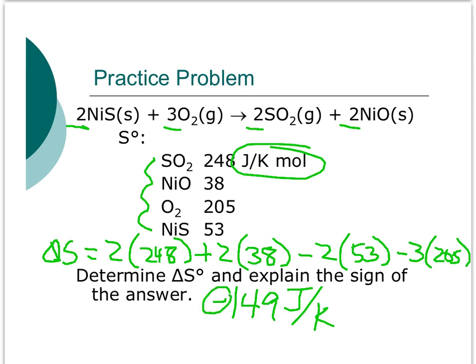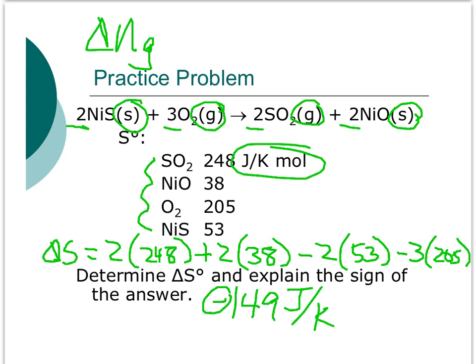To explain the sign qualitatively, what you can do is look at the overall reaction. And you see in the overall reaction, I go from 2 moles of solid, 3 moles of gas, to 2 moles of gas and 2 moles of solid. In order to predict the sign, I'm only going to look at the change in the moles of gas particles.